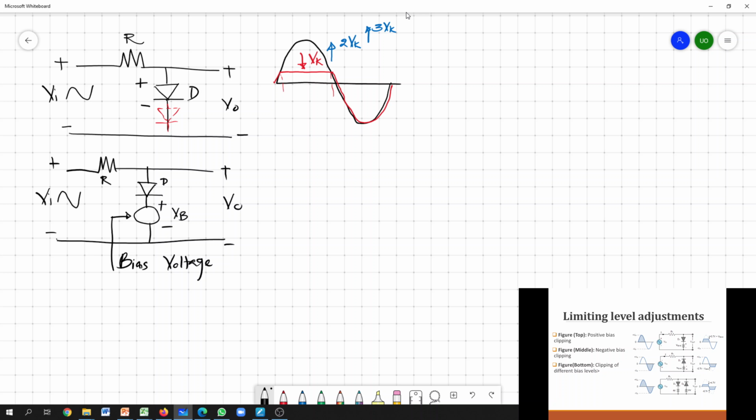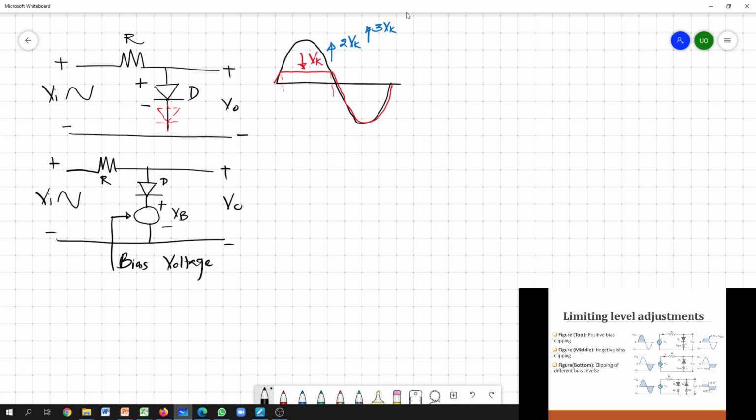But the benefit of this one is that we can adjust this voltage according to our requirement. It's a variable voltage, like a power supply, so you can set it to 5 volt. If you want to move it to 5.5, you can just raise it and keep it as it is. It's a biasing voltage over which we have control to change the value of this VB.